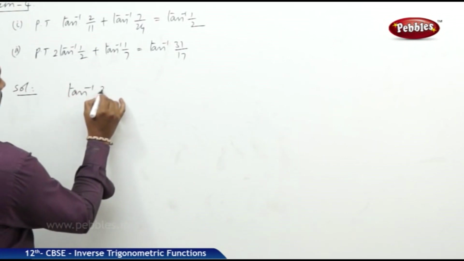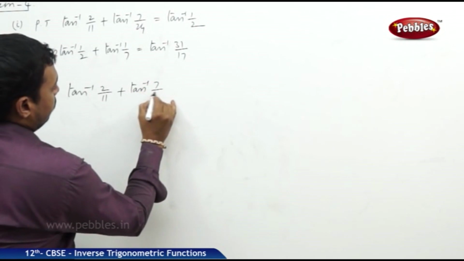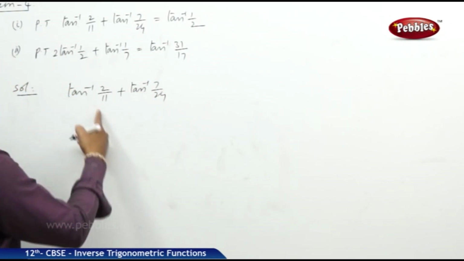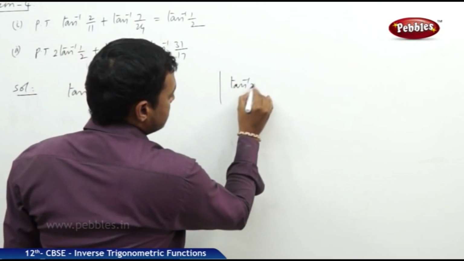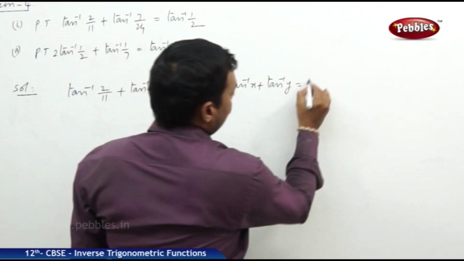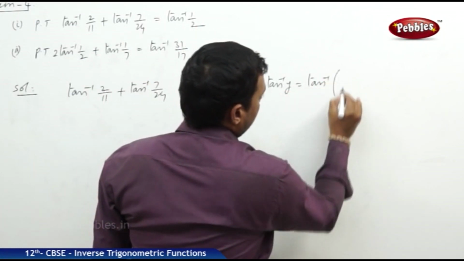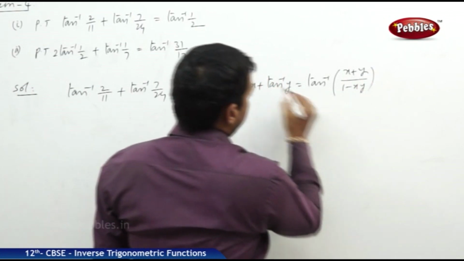Consider LHS: tan inverse 2 by 11 plus tan inverse 7 by 24. It is in the property of tan inverse x plus tan inverse y, which is equal to tan inverse of x plus y by 1 minus xy.